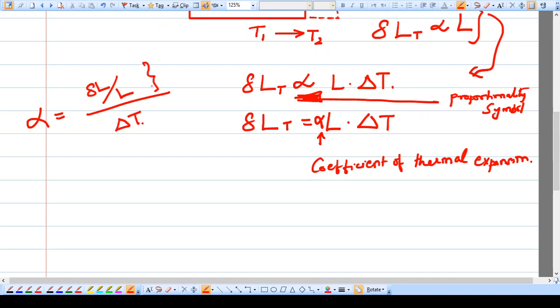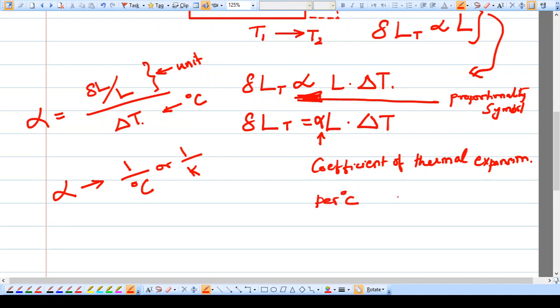In the numerator, delta L by L has no unit, and in the denominator there is a temperature change, which has the unit degrees Celsius. Combining numerator and denominator, the final unit is 1 by degree Celsius or 1 by Kelvin. So the unit of the coefficient of thermal expansion is per degree Celsius or per Kelvin.